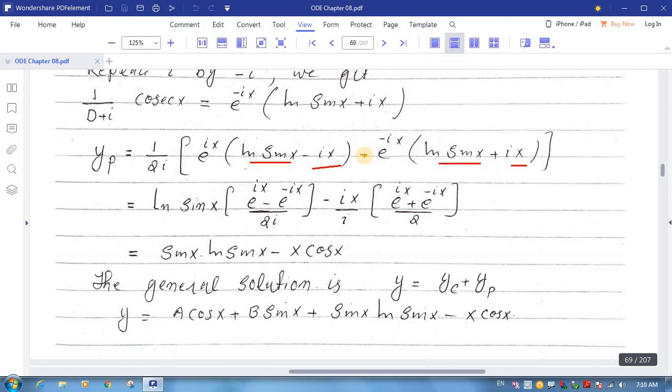On account of this minus sign, we can take minus iota x divided by this iota, and this exponential and this exponential with positive sign will be placed here, divided by this 2. Now this one represents sin x, this function will be here, and this represents cos x, this function will be here after simplification.